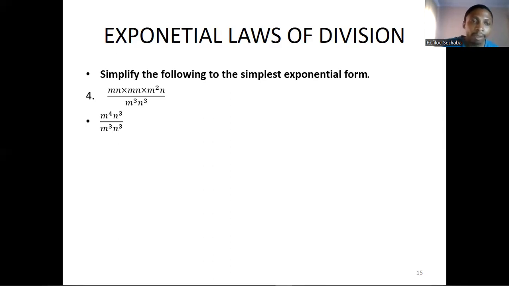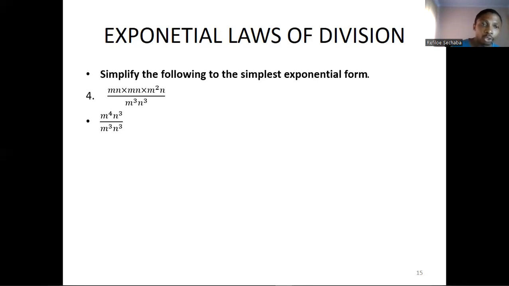Please note, guys, if you have the same base in the numerator multiplied and the same base in the denominator multiplied, and that base has the same exponent, just like here, n cubed is in the numerator and there's no plus in between, we can easily cancel out. Did you hear what I said?